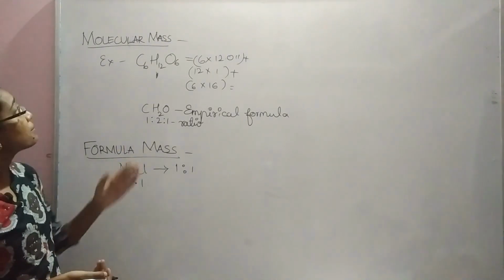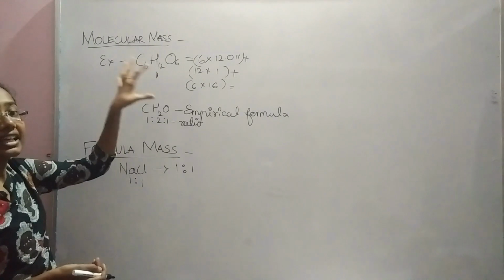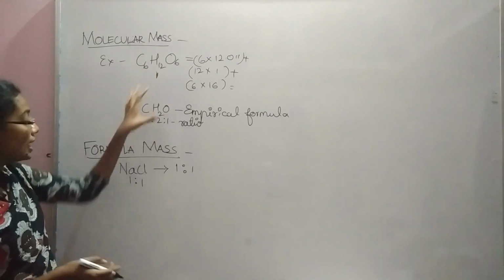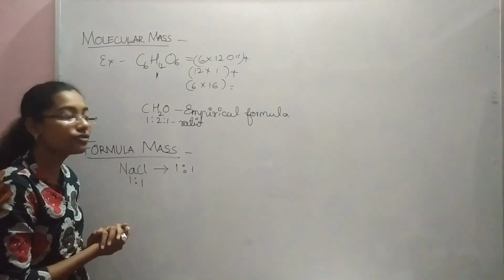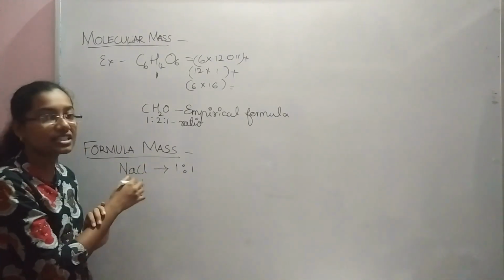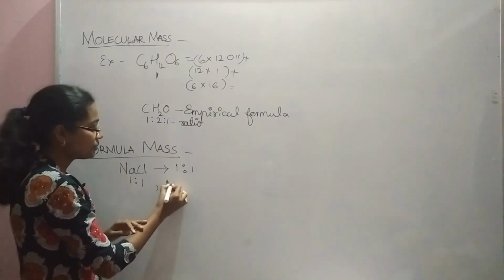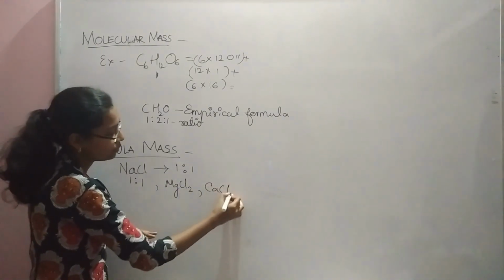What is the difference between molecular mass and formula mass? Molecular mass is calculated directly with the help of the molecular formula, and formula mass is calculated directly on the basis of the formula of that crystal. Not only NaCl, you have MgCl2, CaCl2.